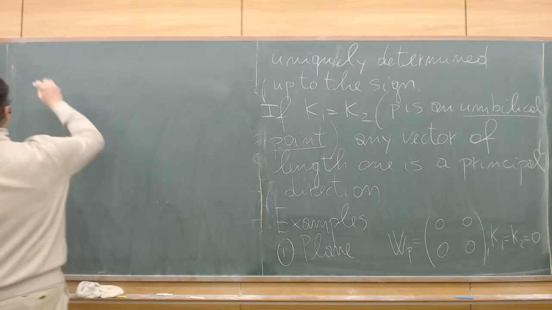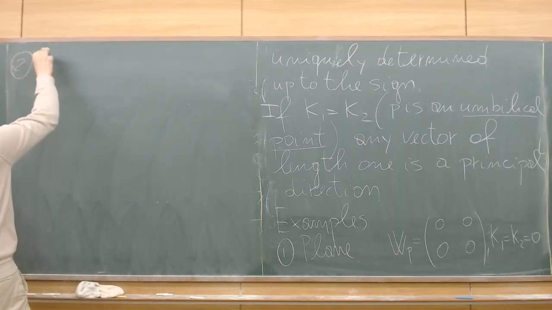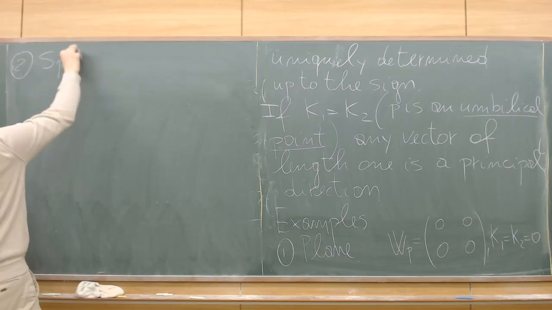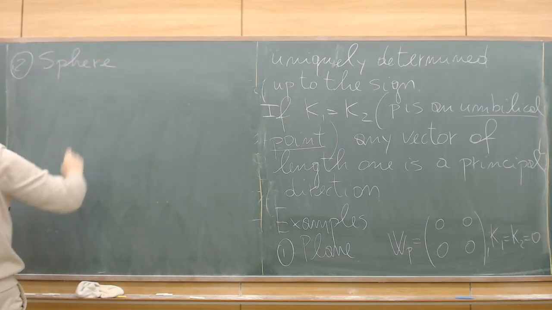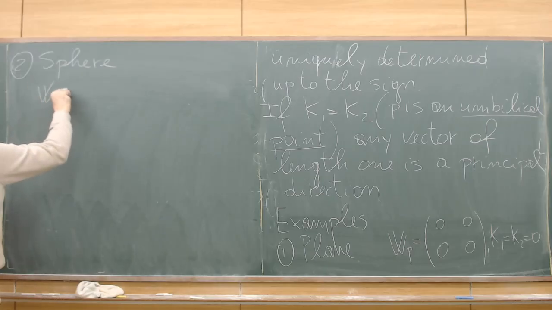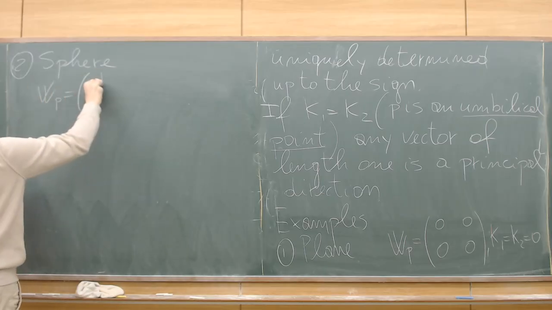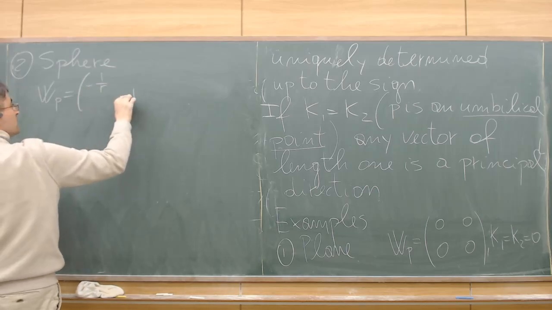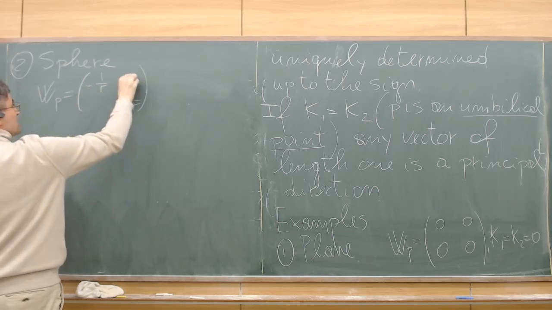The second example was a sphere. We saw that WP was minus 1 over R, minus 1 over R, 0, 0.